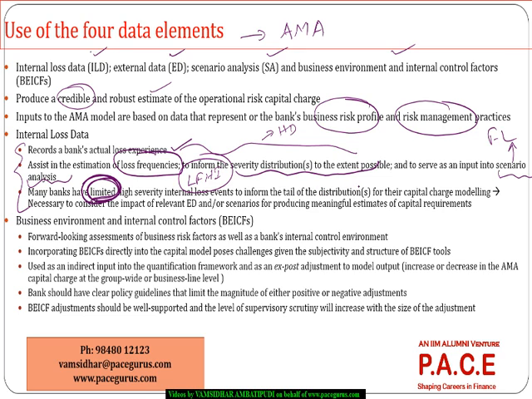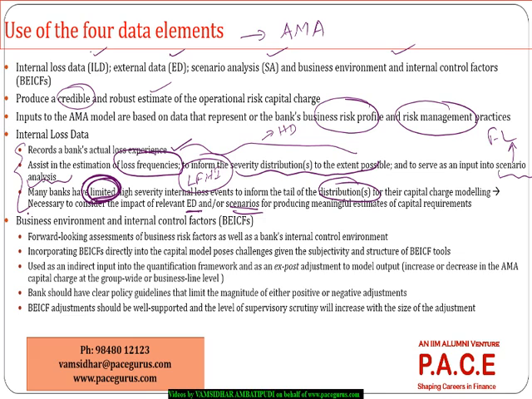So the data for modeling the tail of the distribution for the computation of the capital charge is pretty limited. This is where the bank may have to rely on external data or different kinds of scenarios for producing a meaningful estimate of the capital requirement. So that's on the internal loss data front.